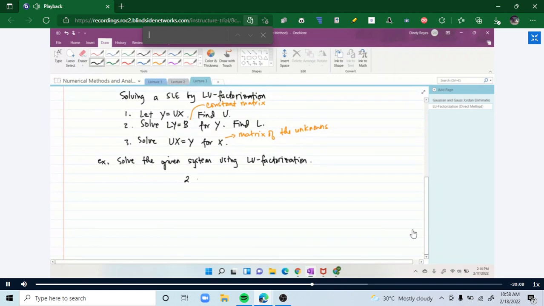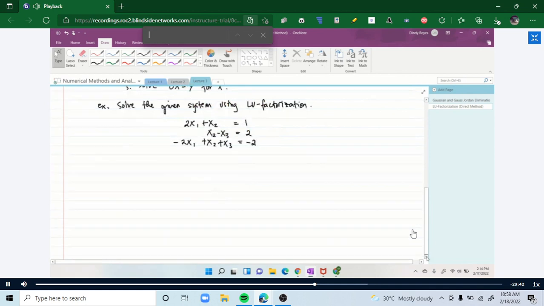The given system is 2x1 plus x sub 2 equals 1, and then x sub 2 minus x sub 3 equals 2, and then negative 2x sub 1 plus x sub 2 plus x sub 3 equals negative 2.